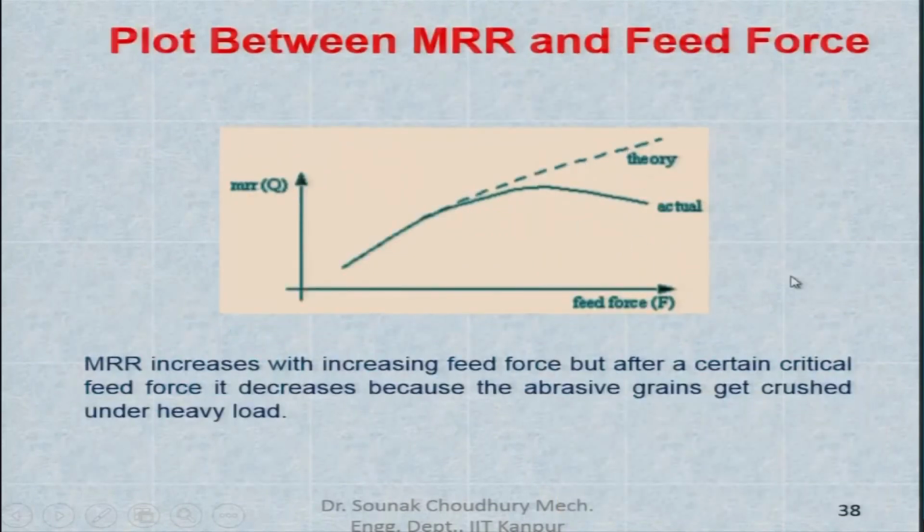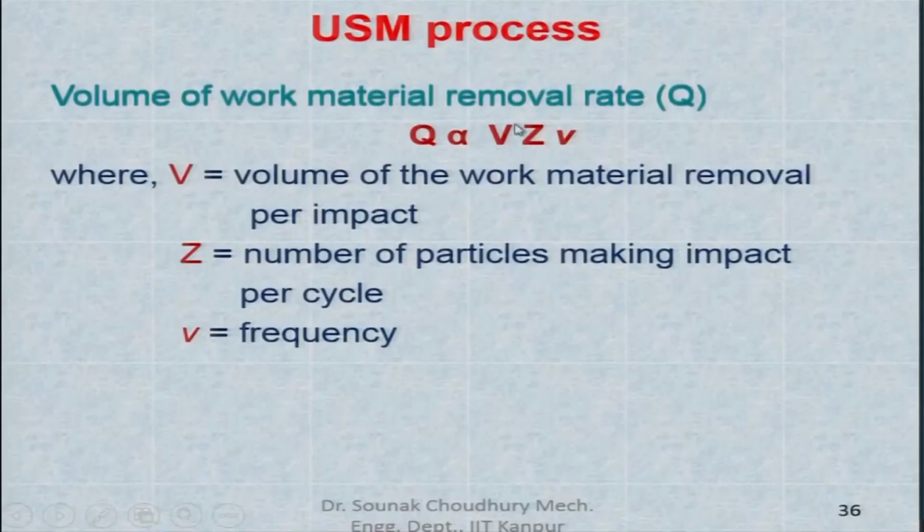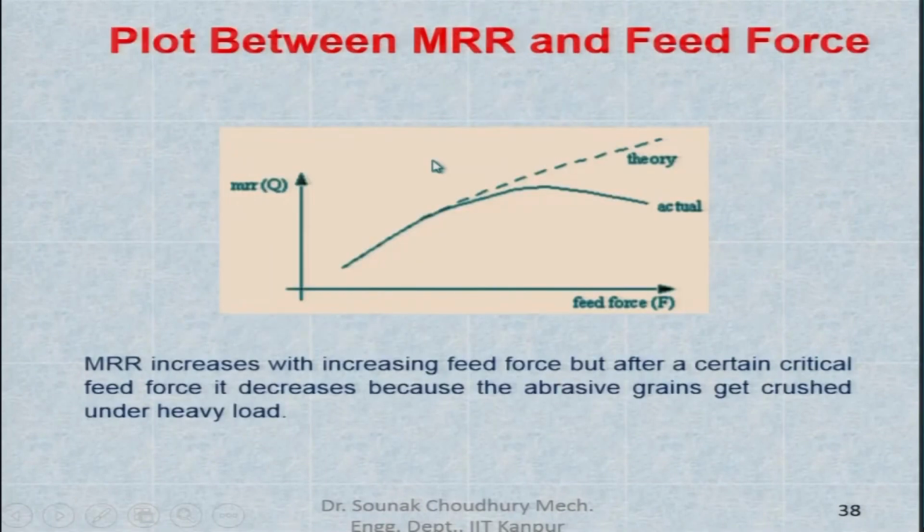So, if we now plot the material removal rate against the feed force, you will get a curve like that. Theoretically, as the feed force increases, more material will be removed, because the volume per particle will be more. According to this equation, if V is more, then Q, the material removal rate, will be more.